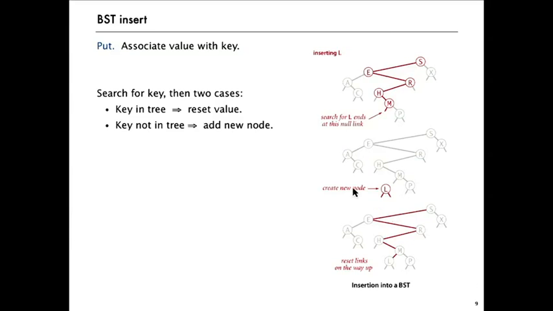Now it's a little bit tricky the way that we implement it, since we use a recursive implementation. And the reason we do this is that it generalizes to give us more efficient data structures later on. So what we'll do is use a recursive implementation that as it moves down the tree, it'll return a link up higher in the tree.